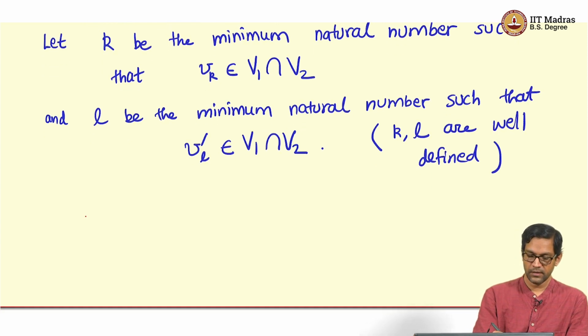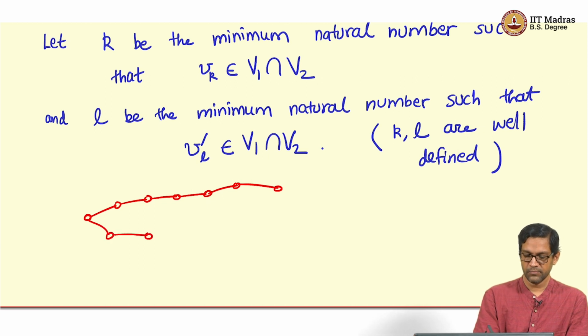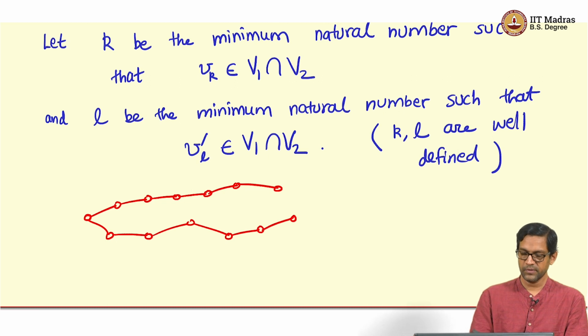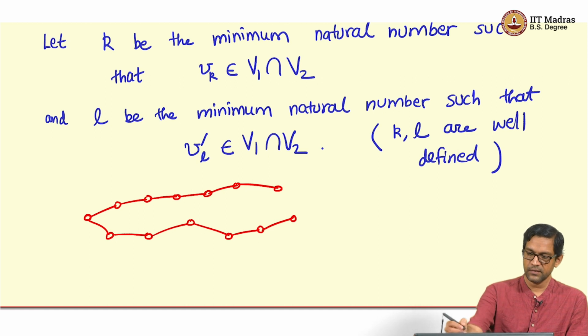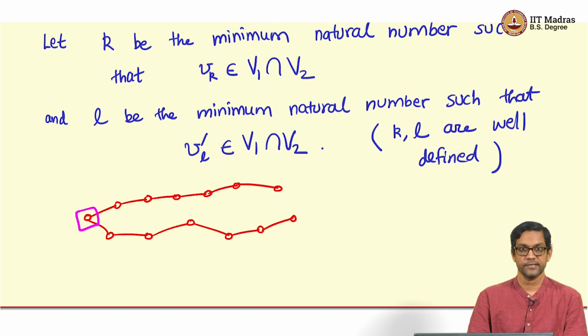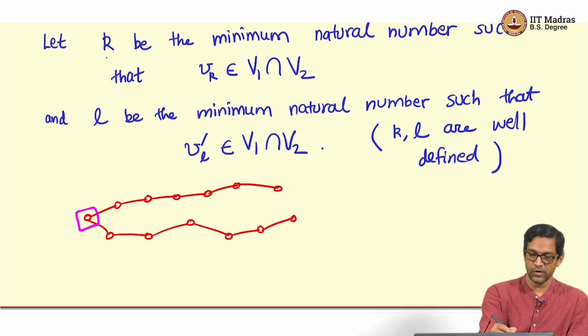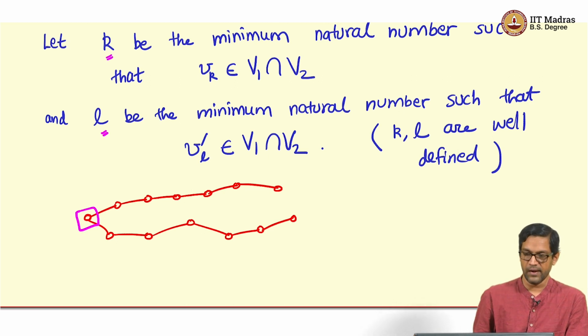Observe that if we had two paths which did not intersect each other, a path like this and another path like this, say they are not paths between the same two vertices, then the intersection of the vertices of these paths would only be the initial starting vertex, in which case you will not be able to find any such k or L, because I am looking for a minimum natural number, a number that is at least 1.